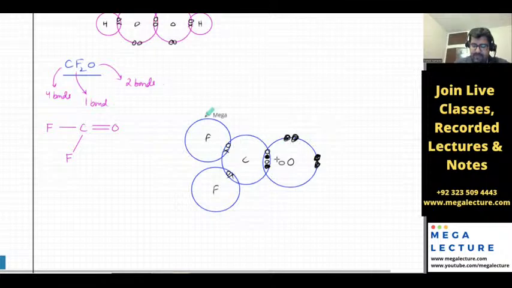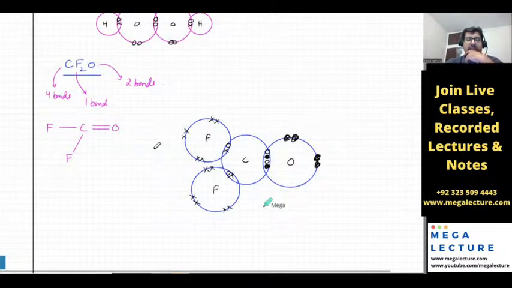Fluorine needs 6 more electrons, so there's going to be six crosses. And this fluorine would also have 6 crosses.